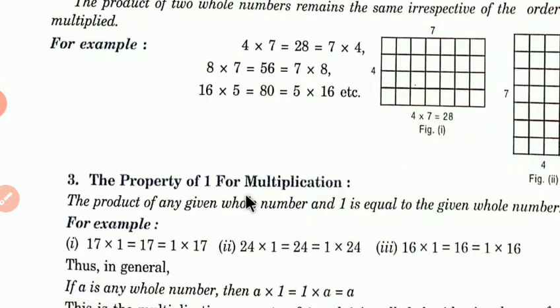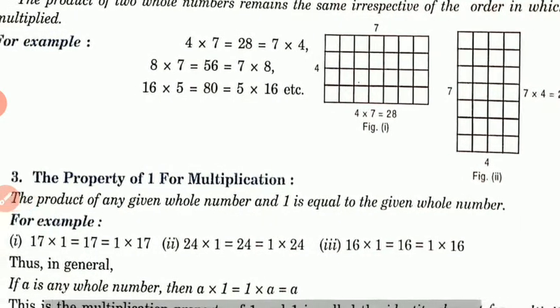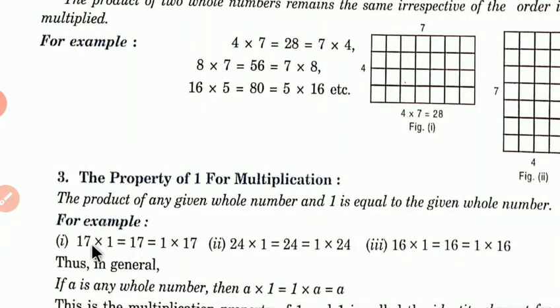Then the property of 1 for multiplication. The product of any given whole number and 1 is equal to the given whole number. For example, 17 into 1 is equal to 17, or 1 into 17. You can see that if we multiply any number by 1, the answer is the whole number itself.